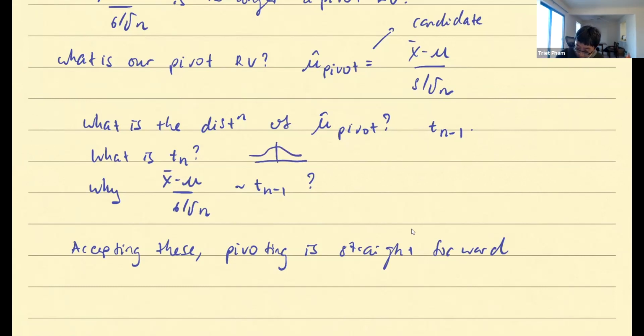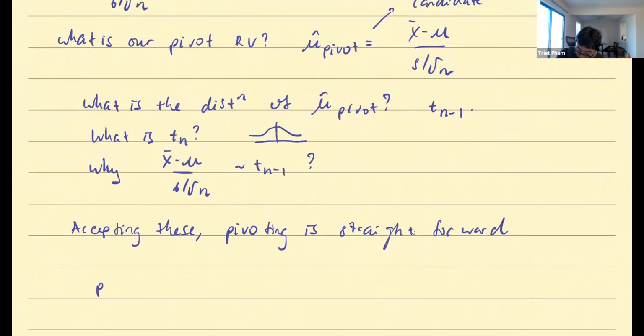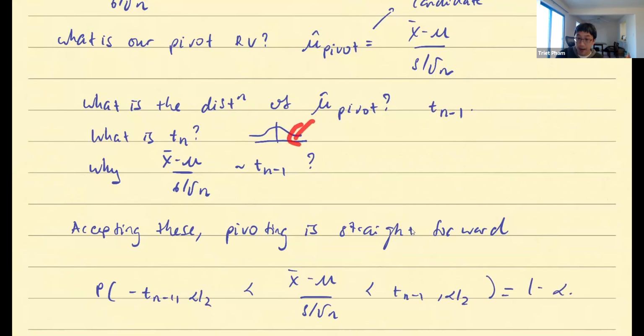But anyway, it's straightforward because I will quote this symmetry, because the shape is exactly like the normal shape. So the symmetry in the normal also works here.